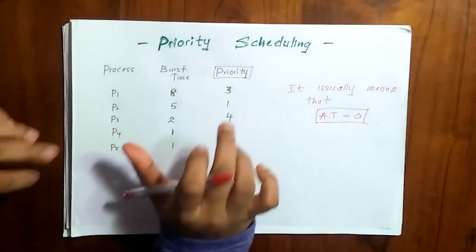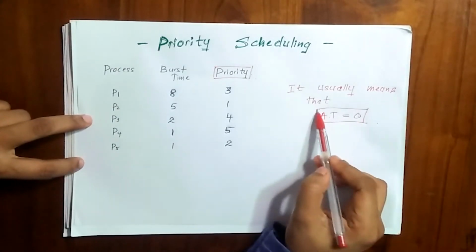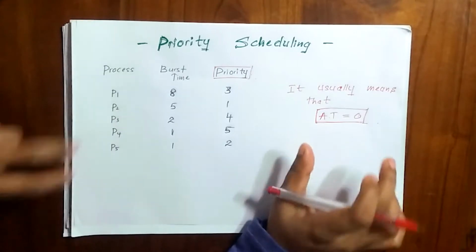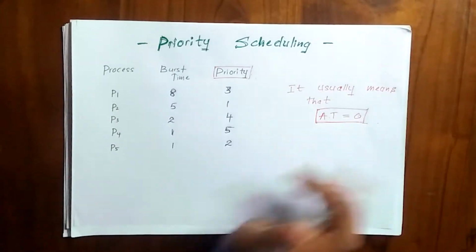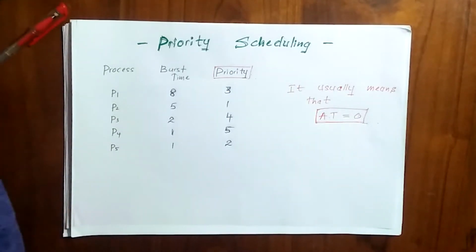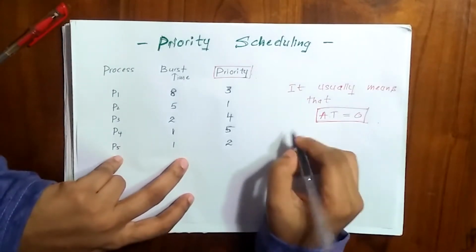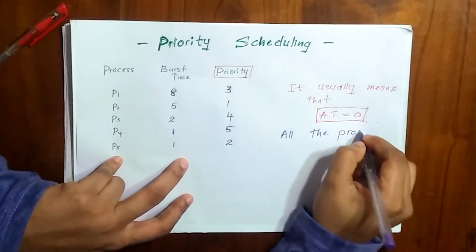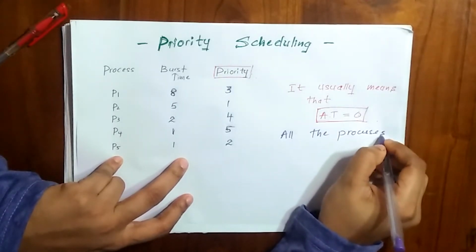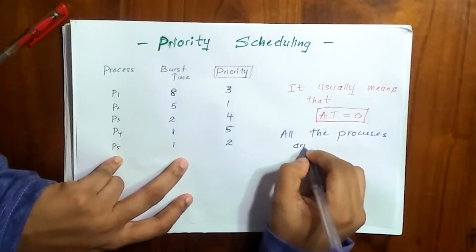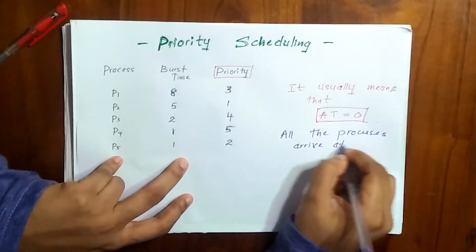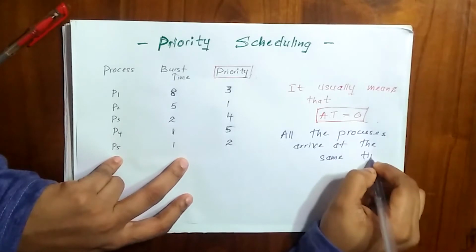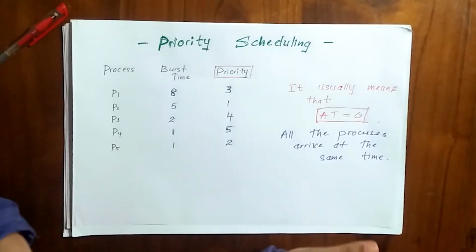If there is no arrival time, that means AT is 0. So what is the meaning of arrival time is 0? That means all the processes arrive at the same time, right?